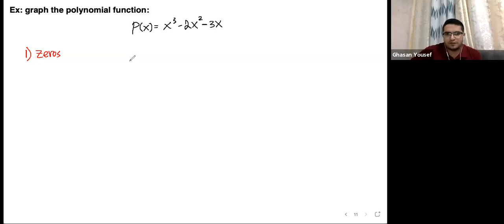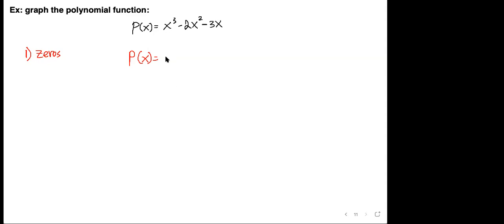We have to factor, right? What is the factor for this polynomial? How can we factor this polynomial? I think you should take out x. Exactly, take out the x.